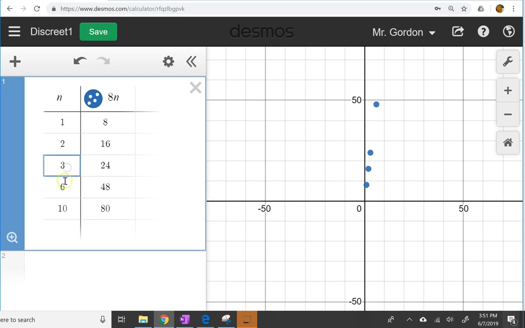Obviously there are points in between 3 and 6 that it would make sense to include, but I'm speaking even more specifically, like in between 1 and 2 here. Would it make sense to have (1.5, 12)? Was there a time where they would have received 1.5 boxes of books? No, because boxes come in multiples of 1. So you could have 1 box, 2 boxes, 3 boxes, only whole numbers.